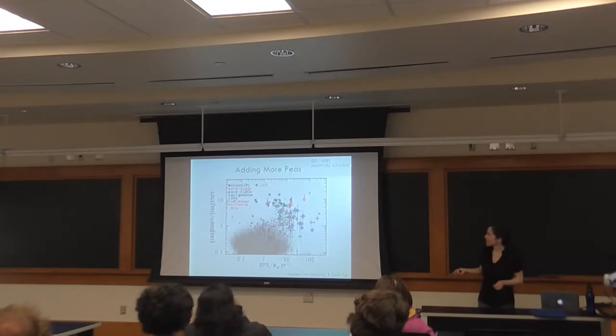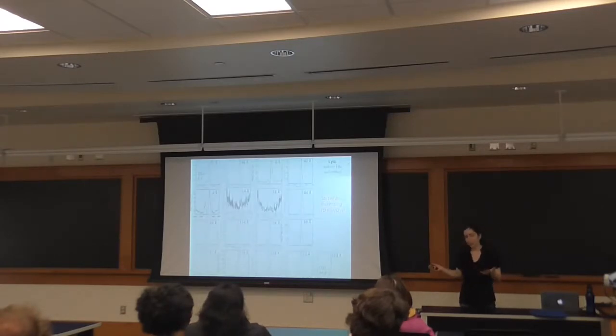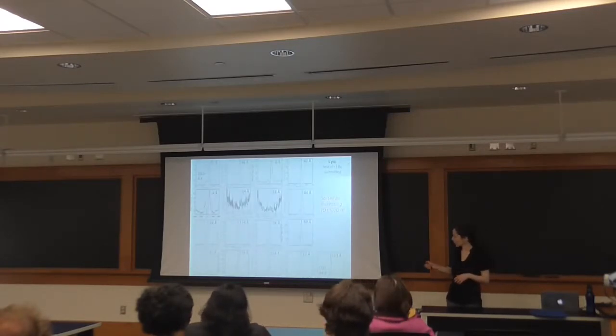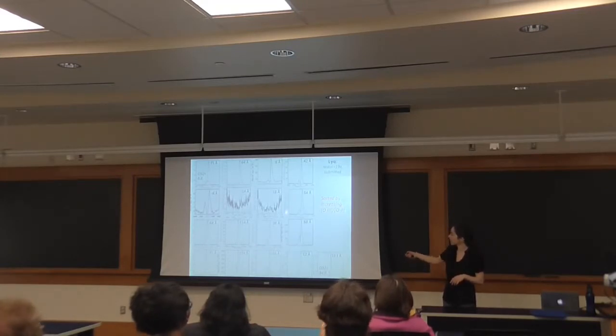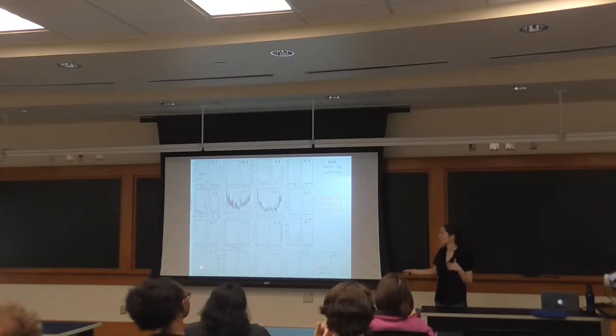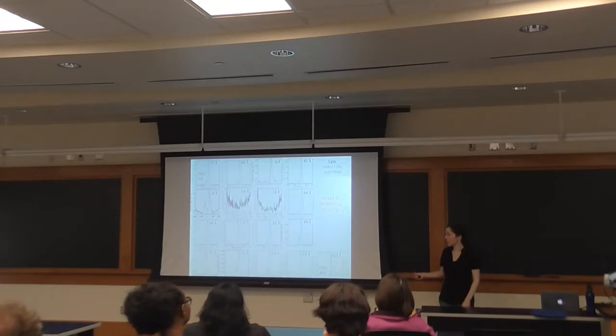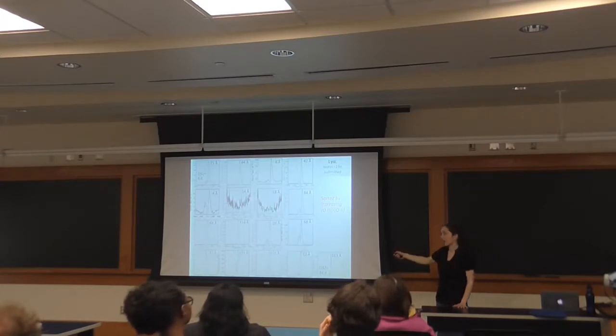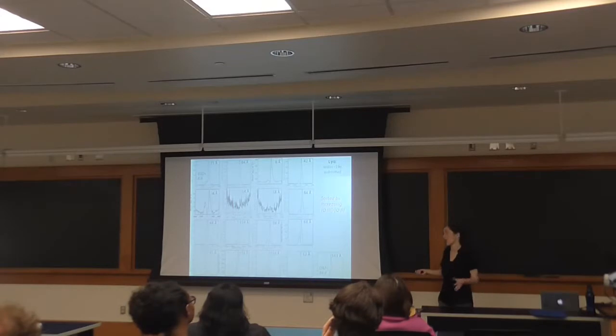So looking at the Lyman alpha profiles of these galaxies, ordered by increasing O3 to O2 here, you can see that we have a large number of this characteristic narrow double-peaked profile. It seems quite common among this sample. But you also have galaxies with deep absorption here. So these are signs of a very high column density of neutral hydrogen. So again, we're seeing this variation in this population.